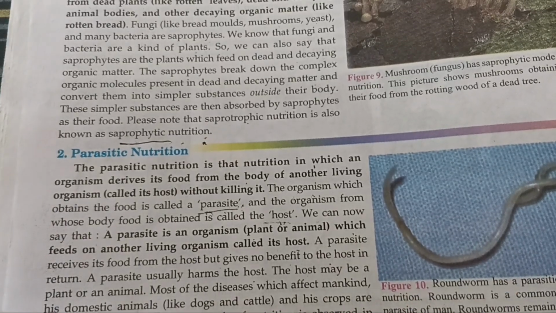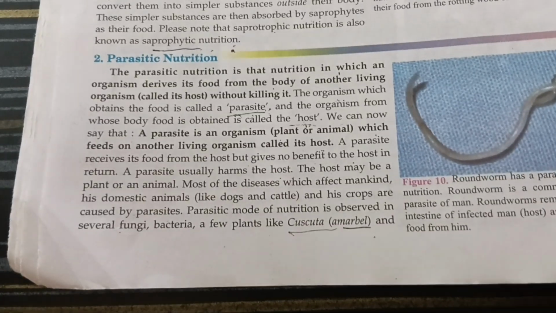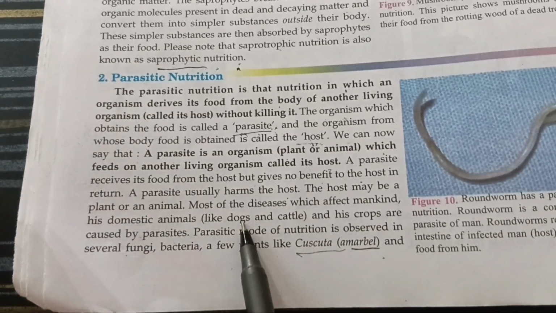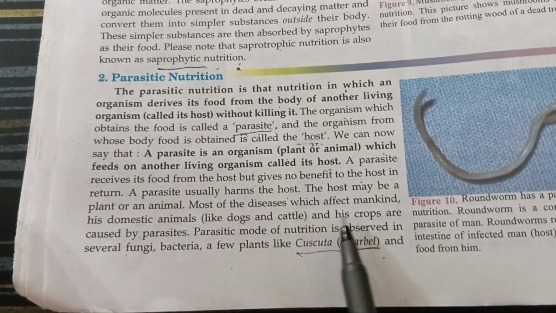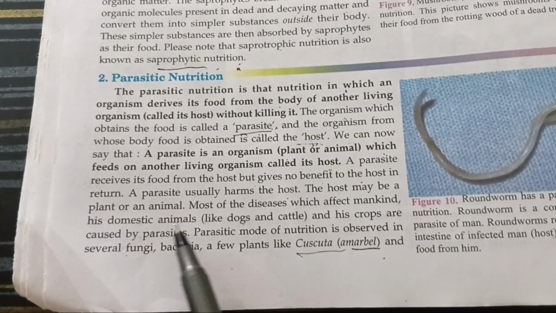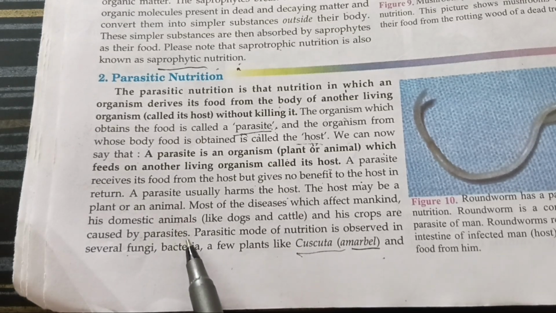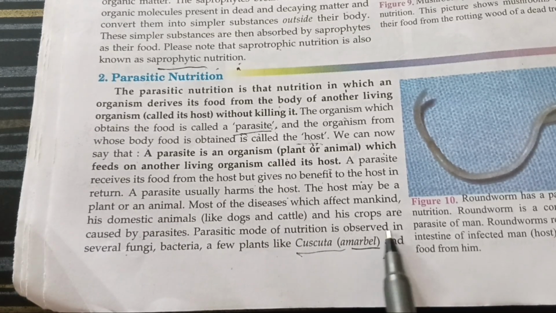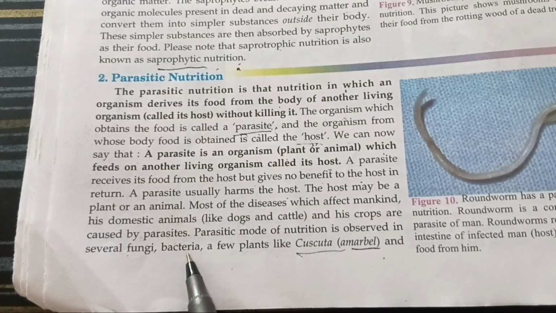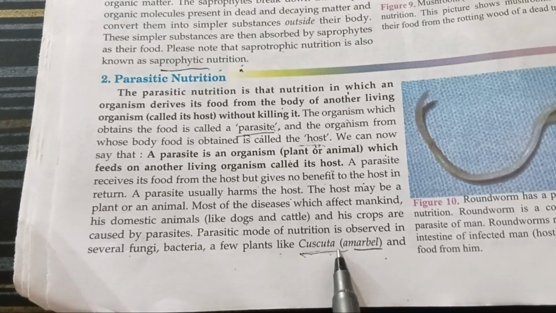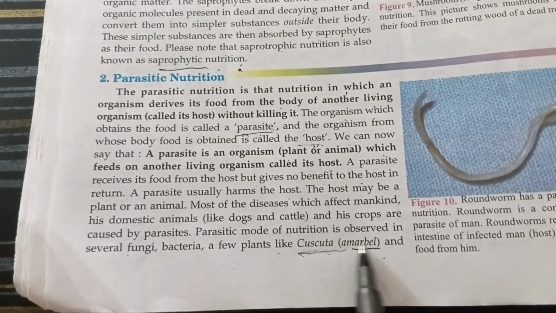Most of the diseases which affect mankind or domestic animals like dogs, cattle and crops are caused by parasites. Parasitic mode of nutrition is observed in several fungi, bacteria and a few plants like cuscuta. The example of a plant is cuscuta, which is amar bel.